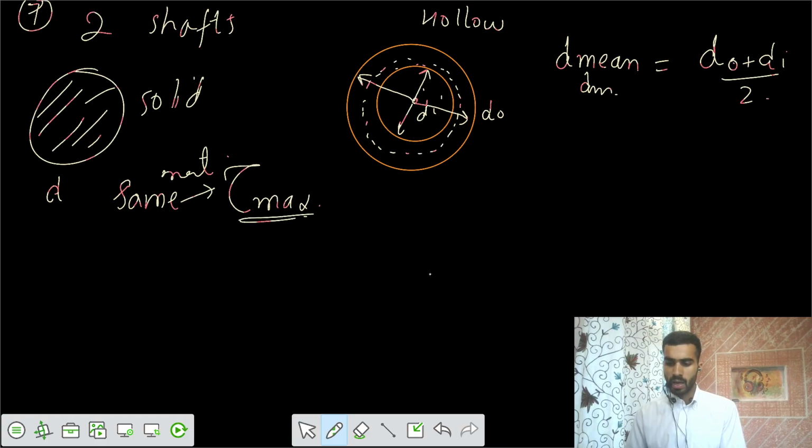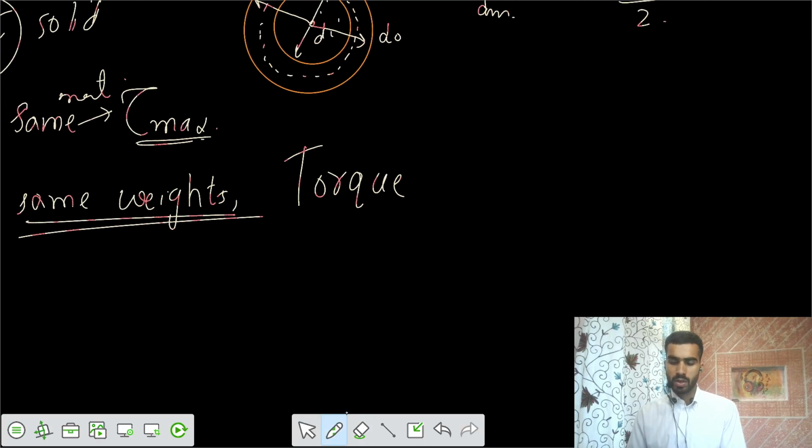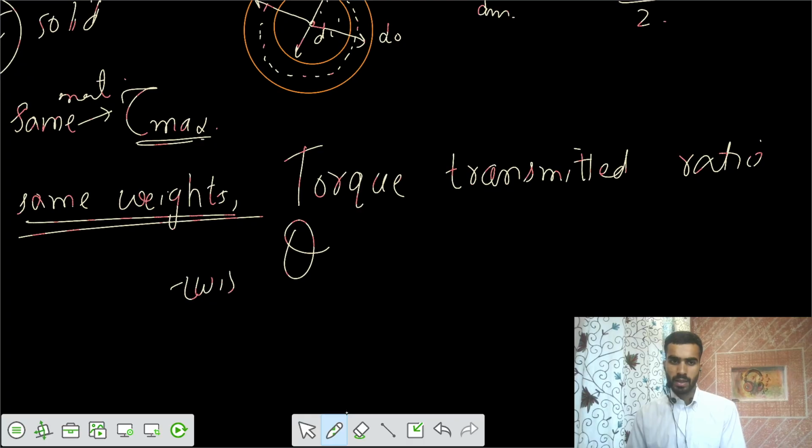And the question is saying that for the same weight of those shafts, you need to find the ratio of the torque transmitted, and the ratio of the angle of twist also. For this condition, you have to take the same weight.